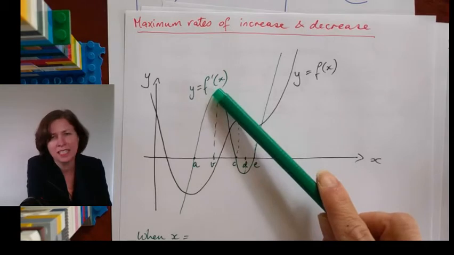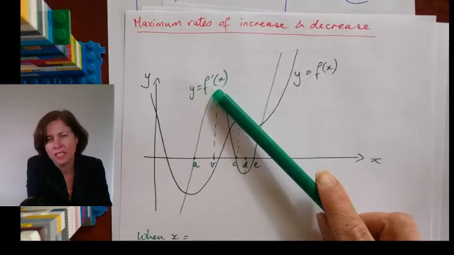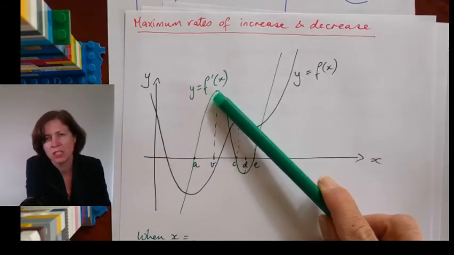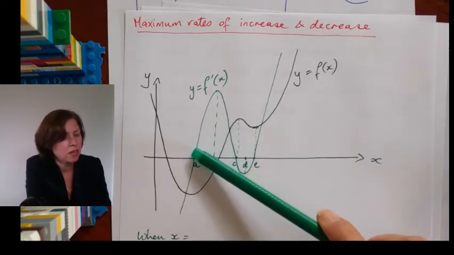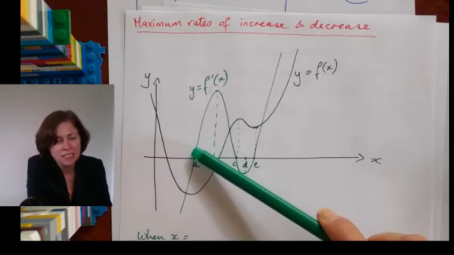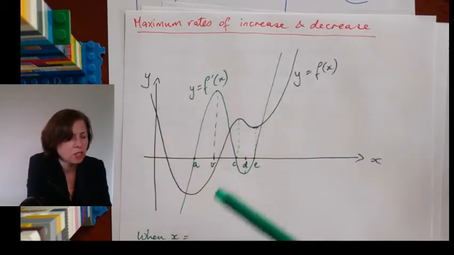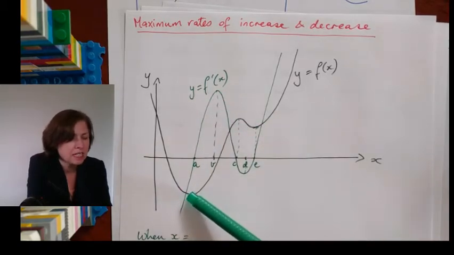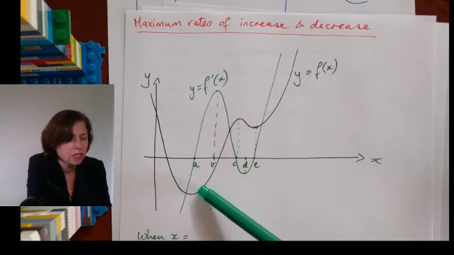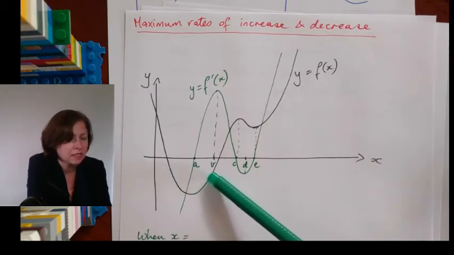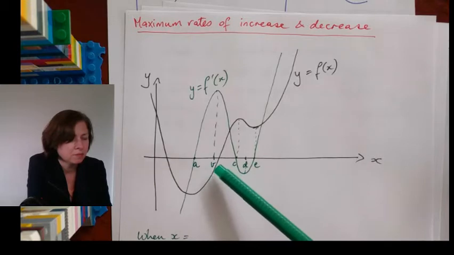So when x equals B, my gradient is neither increasing nor decreasing. It's temporarily stationary because this is a stationary point. So my gradient is increasing here. And if I look at the graph, I can see that indeed the gradient starts at 0 here and it's gradually getting steeper and steeper and steeper.